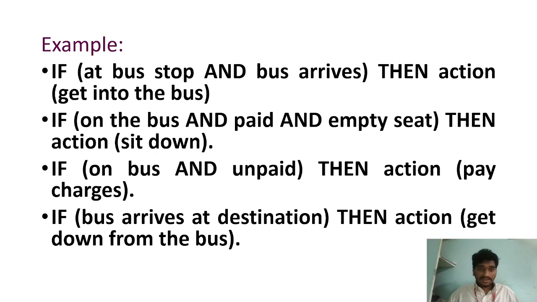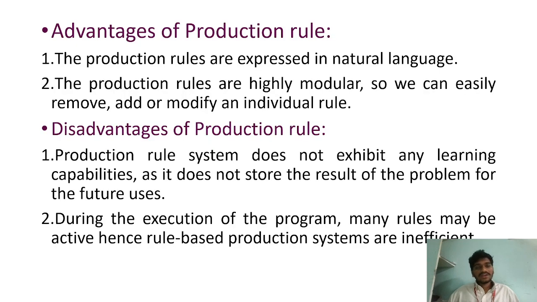Third example: if on bus and unpaid, then action: pay charges. And fourth example: if bus arrives at destination, then action: get down from the bus. These are the examples of production rules.